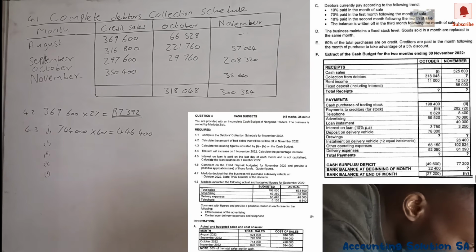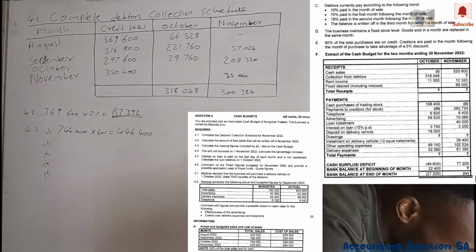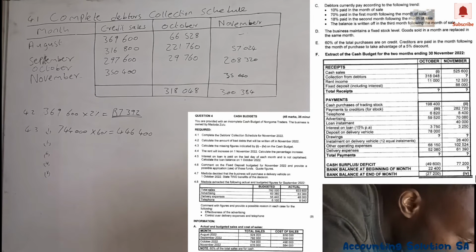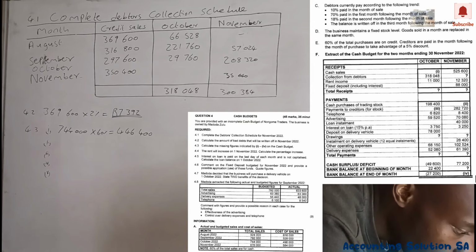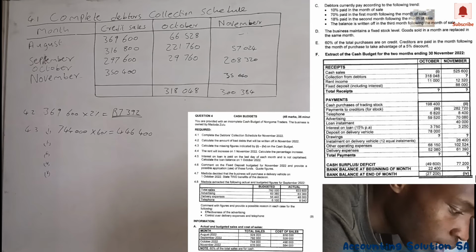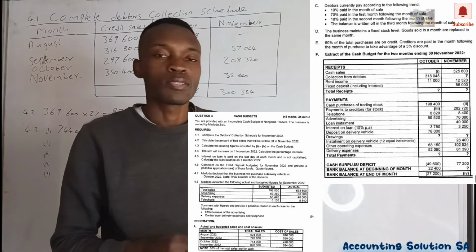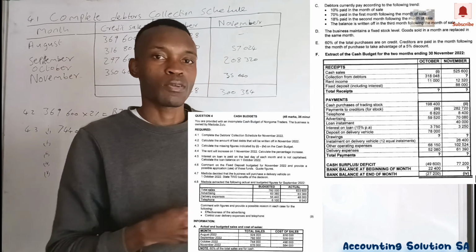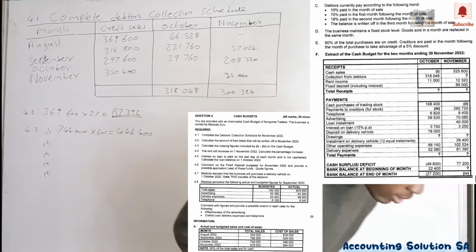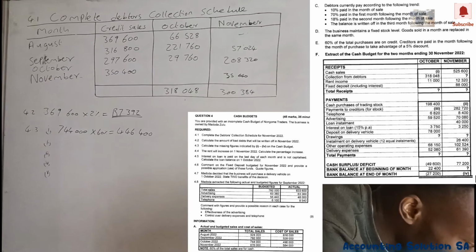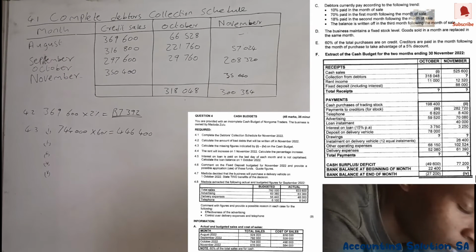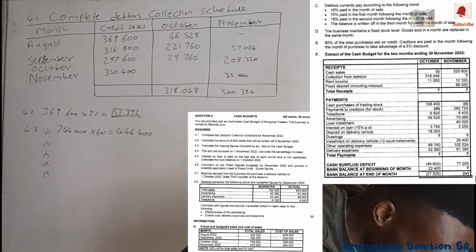Now let's check our inventory. They say that 60% of the total is on credit and 40% of the total is cash, because remember they said credit purchase is 60%, which means 40% is cash.